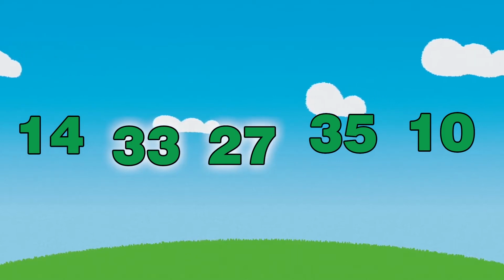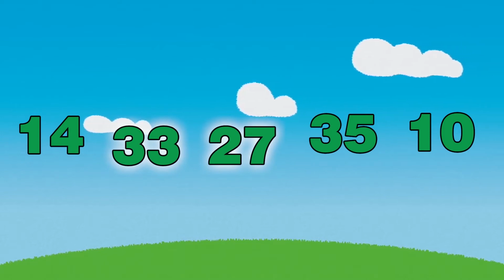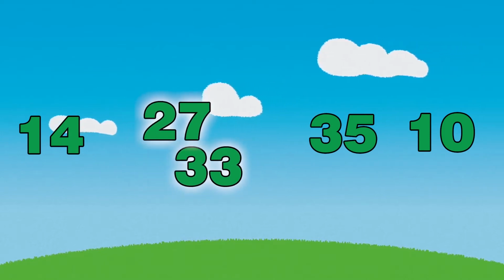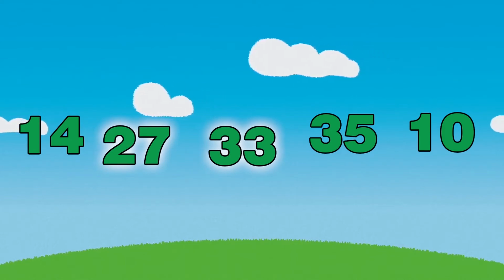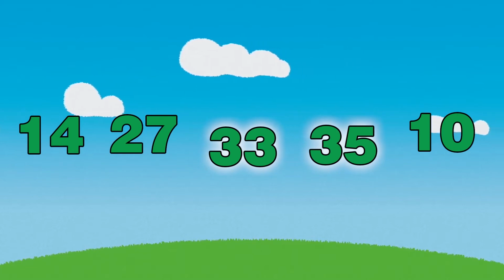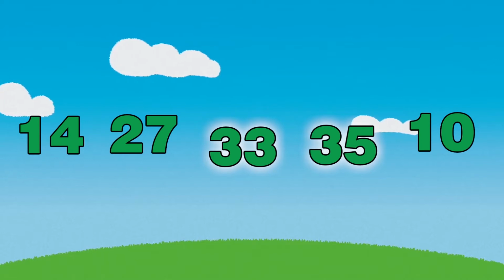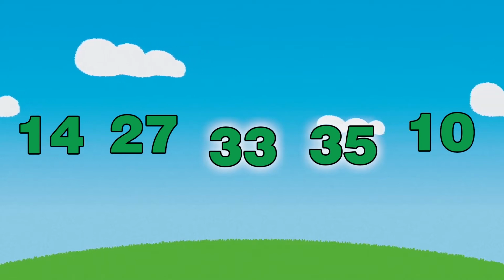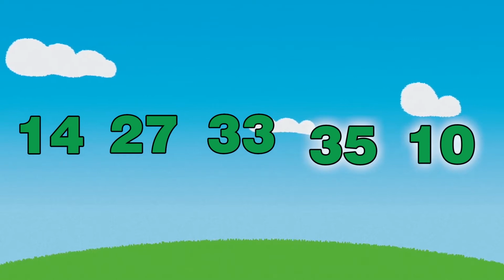We find that 27 is smaller than 33, and these two values must be swapped. The new array should look like this. Next, we compare 33 and 35. We find that both are in already sorted positions. Then we move to the next two values, 35 and 10.